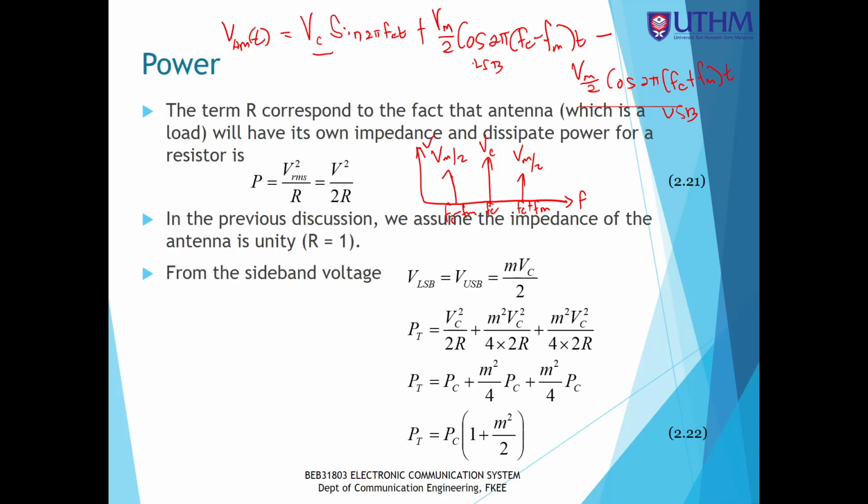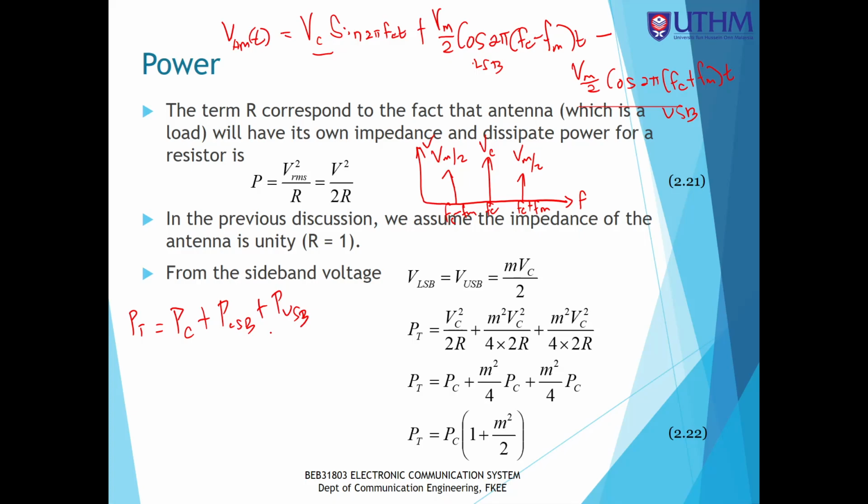Okay, the way we calculate the total power is by adding all the component powers. So P total is equal to Pc, the carrier component, plus PLSB plus PUSB.